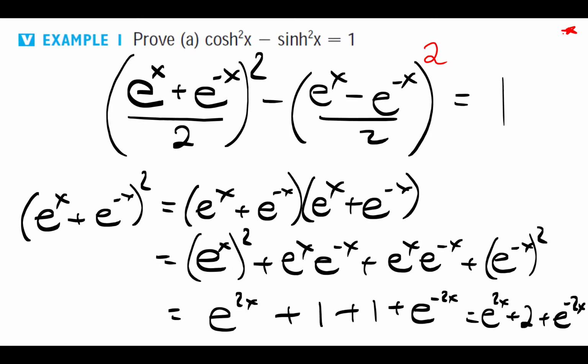The next line should go underneath over there. It was over 4. Yep, everything's over 4.